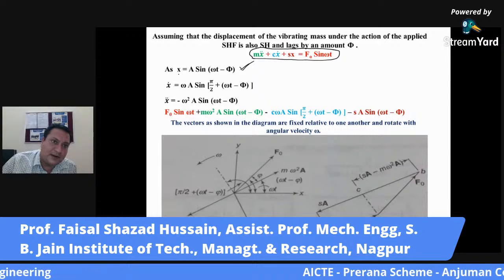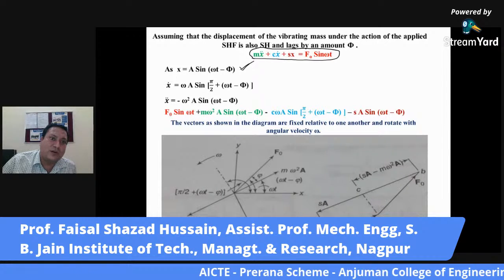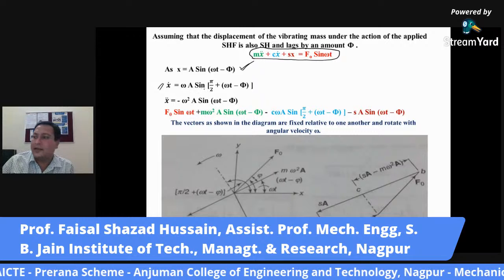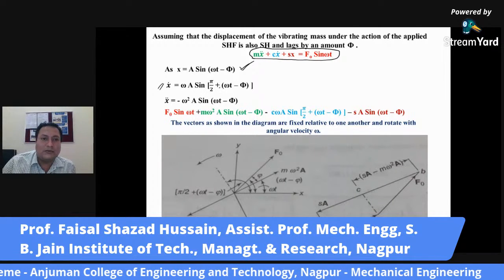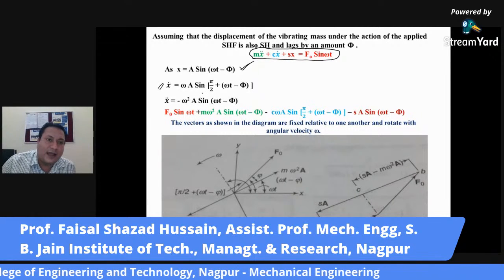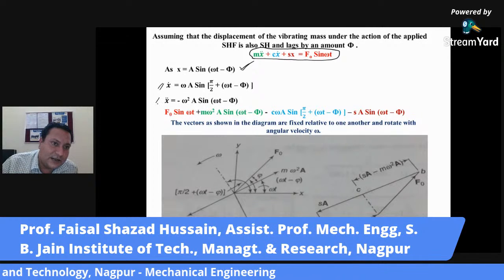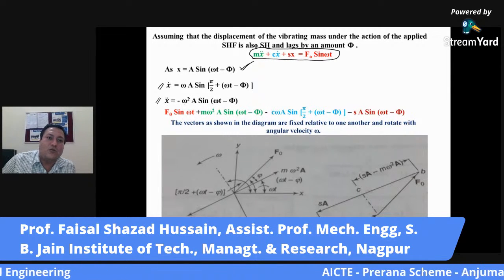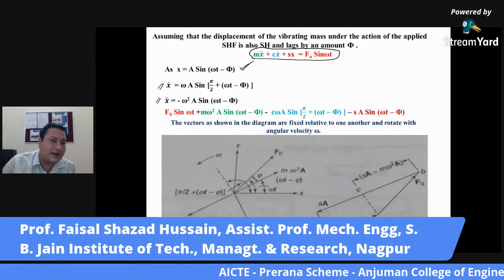If this displacement is differentiated with respect to time, we will get the velocity x dot, and it will be omega A sine pi by 2 plus omega t minus phi. And again, if it is differentiated with respect to time, we will get the acceleration, minus omega square A sine omega t minus phi.